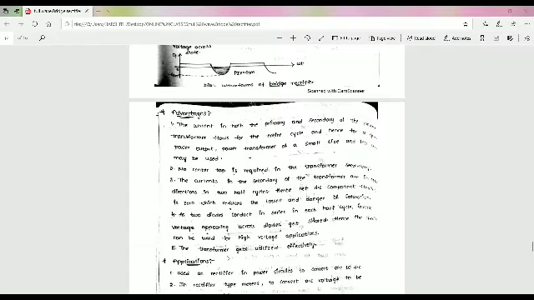Okay, advantages of the bridge rectifier are transformer size is small, less cost, no center tap transformer is required, DC component flowing is 0, so that's why it reduces the losses. Okay, and as the two diodes conduct in series in each half cycle, the inverse voltage appearing across diodes gets shared.